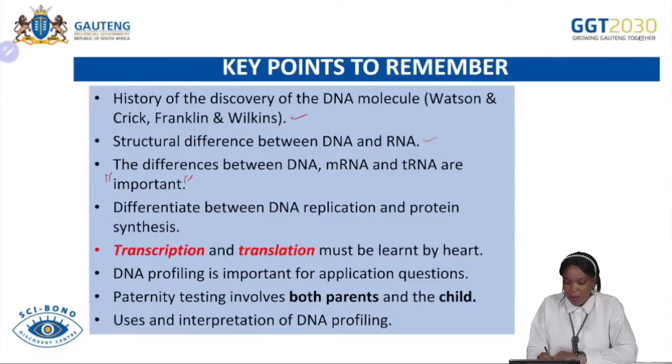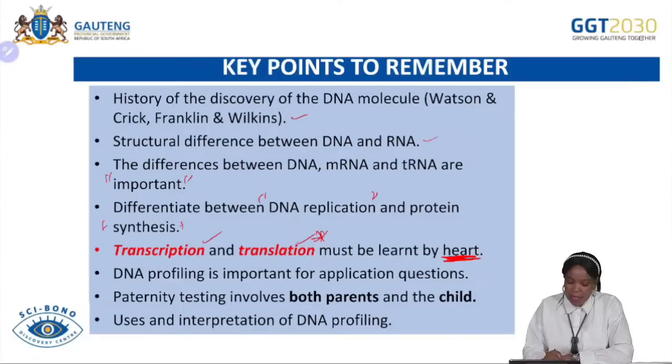Then you must also be able to differentiate between DNA replication, we have just covered that, and protein synthesis. Then know your stages of protein synthesis, transcription, translation. You must learn this off by heart. Please, these are standard in every exam paper. You are going to find these in your exam tomorrow.